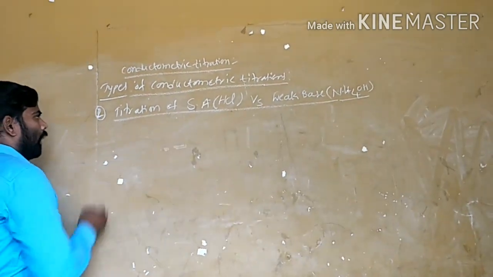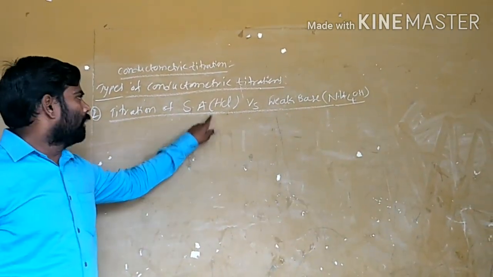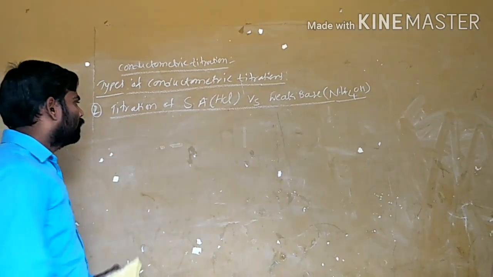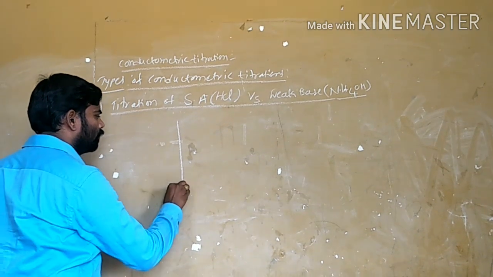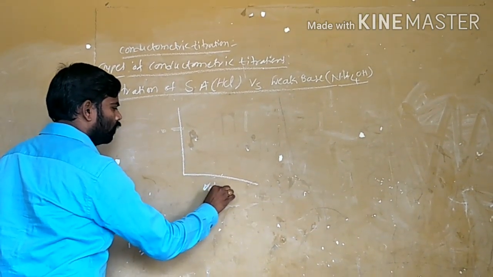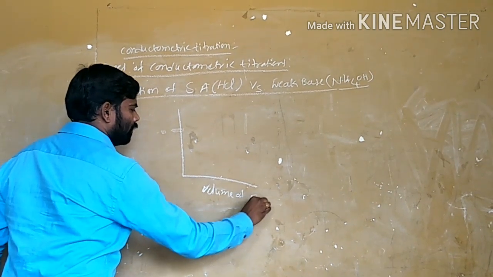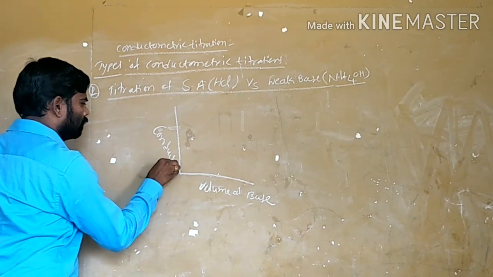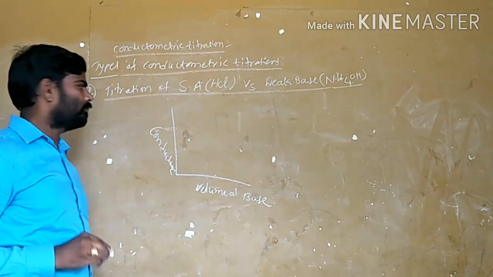Initially, due to strong acid, the conductance value is high. Volume of base on the x-axis, conductance values on the y-axis.